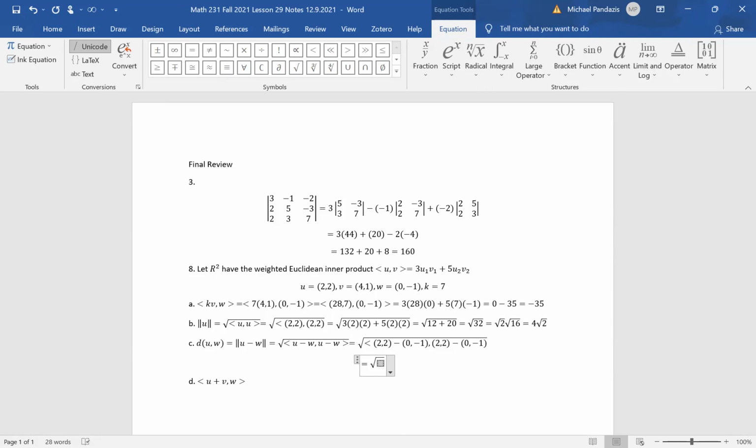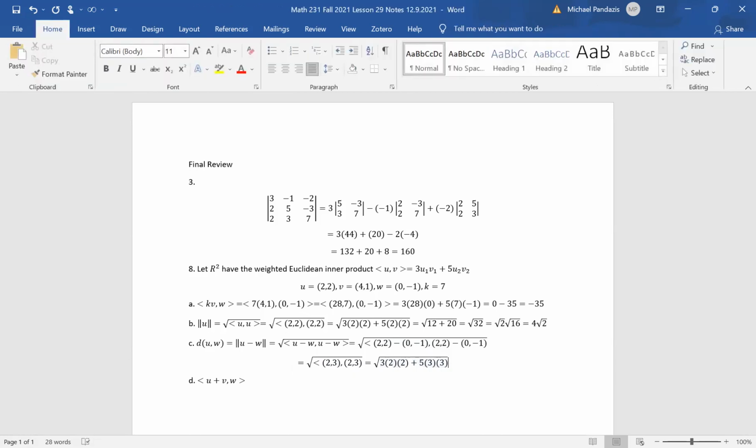So that's equal to the square root of the inner product. 2, 2 minus 0, negative 1 is 2, 3. And so that's the inner product of 2, 3 with itself. So this is the square root of, the first weight is 3, so it's 3 times 2 times 2, plus the other weight is 5 times 3 times 3.